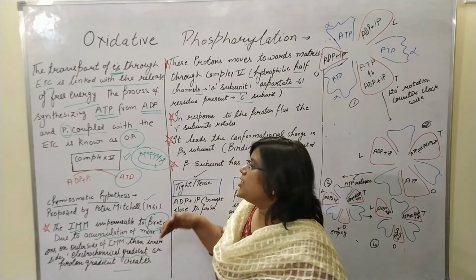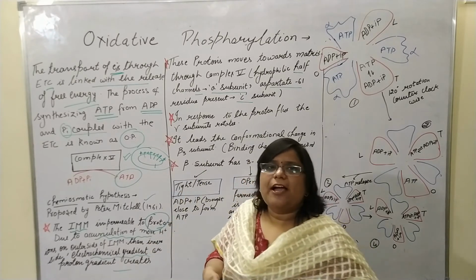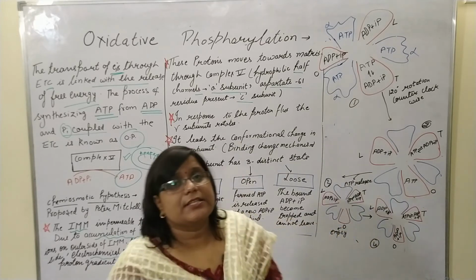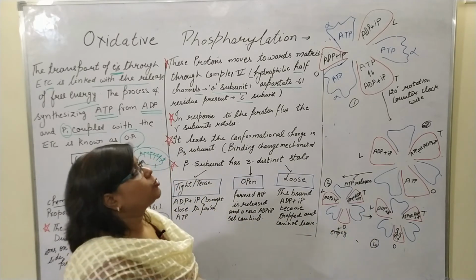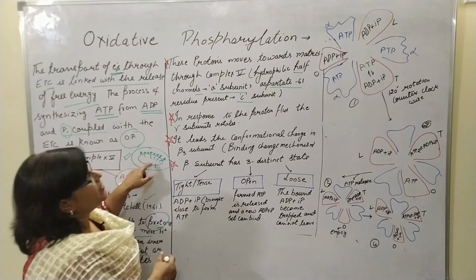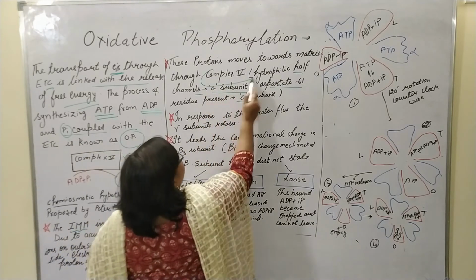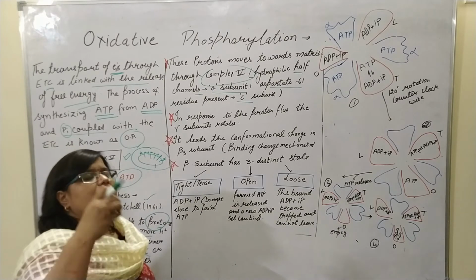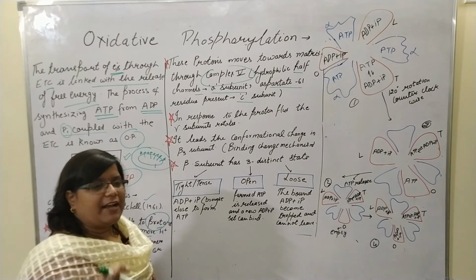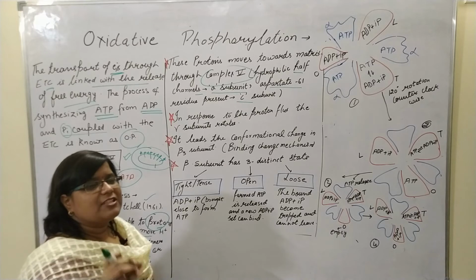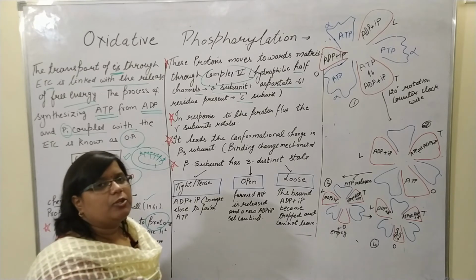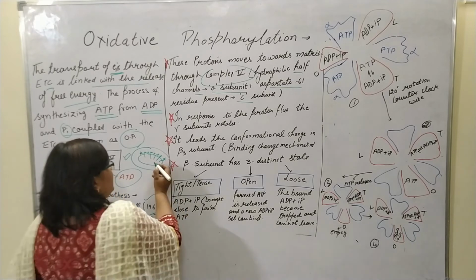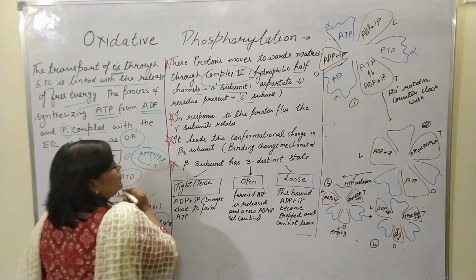So the protons have to shuffle back into the matrix. The protons are sent back into the matrix via complex 5. But this is the most important question. We agreed that complex 5 is responsible for sending the protons from the outer side of the inner membrane to the matrix side.